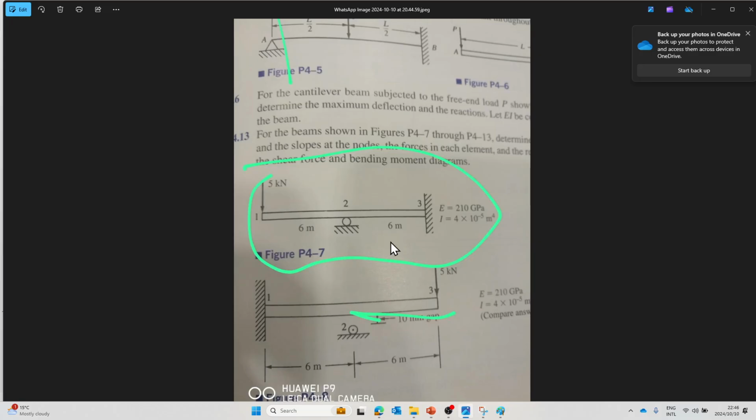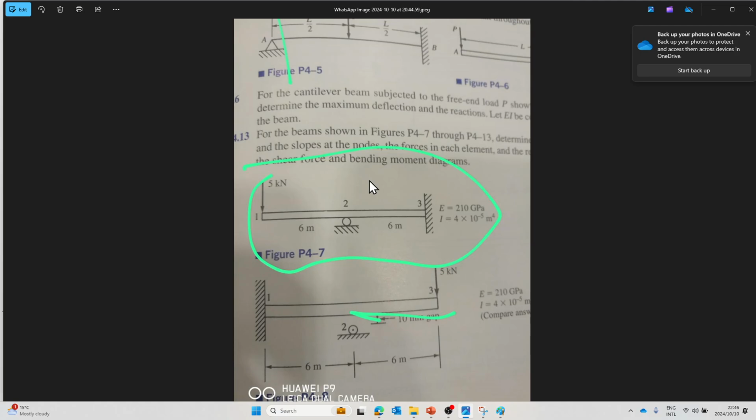So they say we must determine the force in each element. Okay, force in each element. Yes, that's fine. What else? The slope, and the shear force diagram and bending moment diagram.